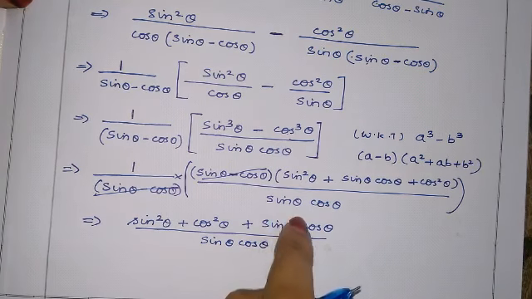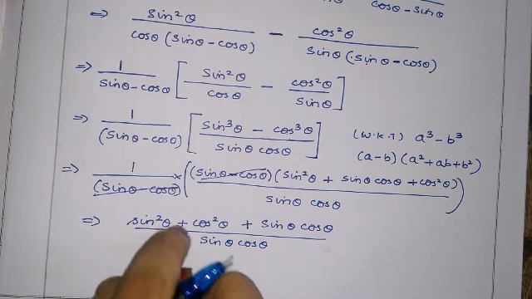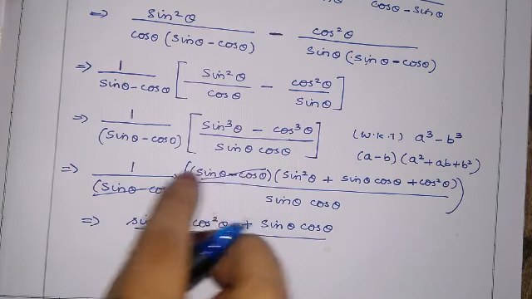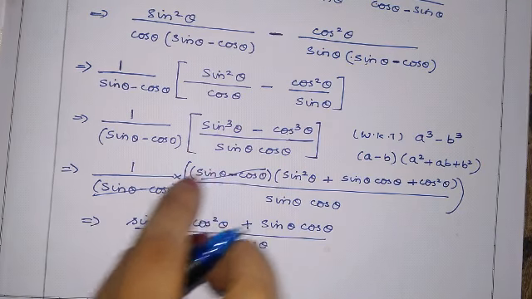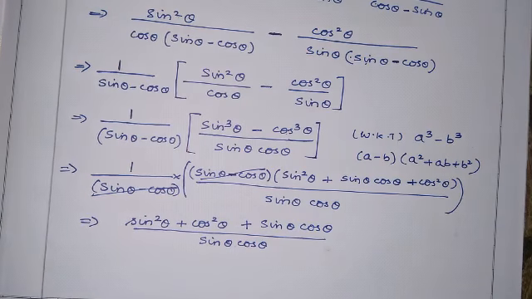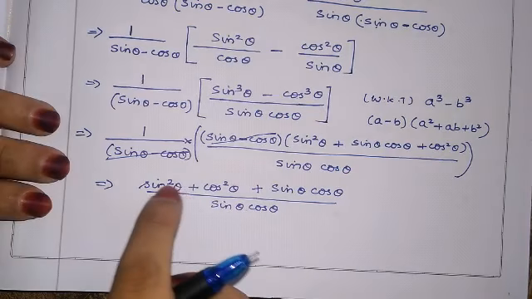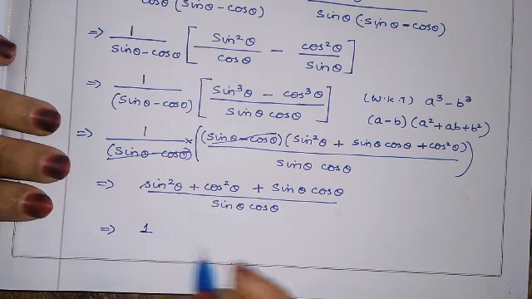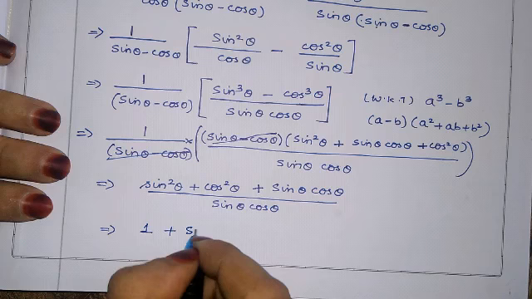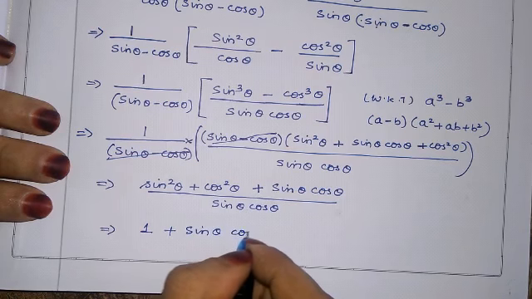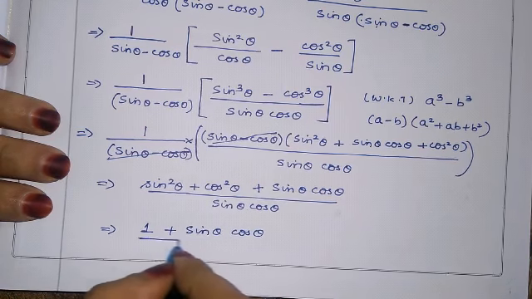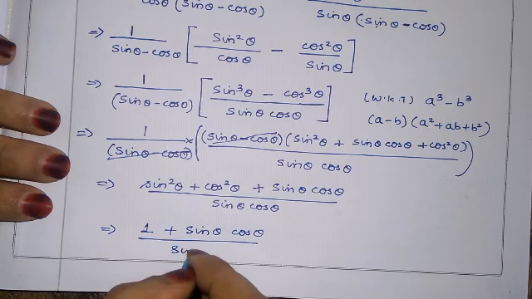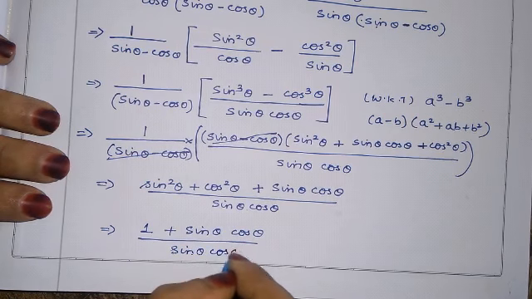Here we can't cancel directly because plus signs are there in between. Earlier multiply was there, so we easily cancelled. Now in the next step, we know that sin square theta plus cos square theta is nothing but 1. So 1 plus sin theta cos theta upon sin theta cos theta.